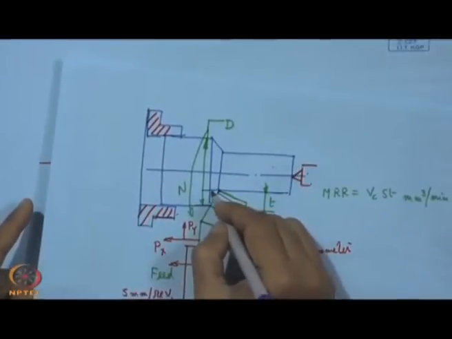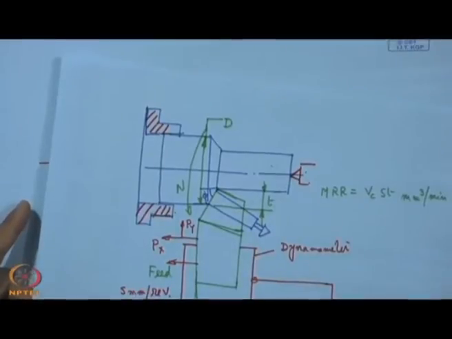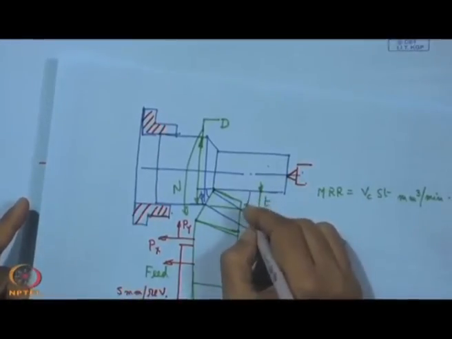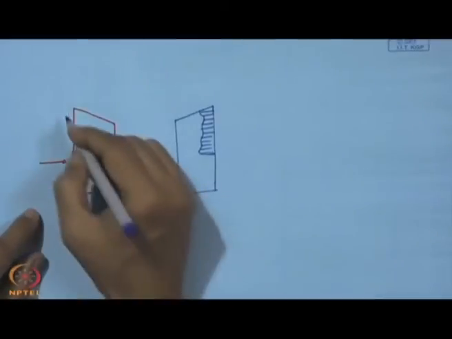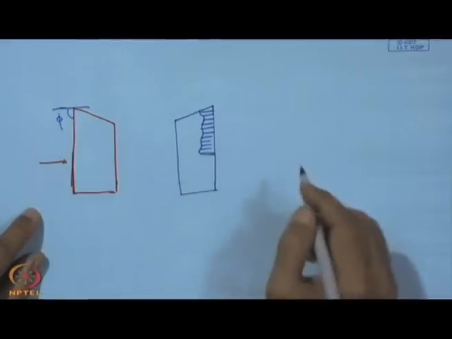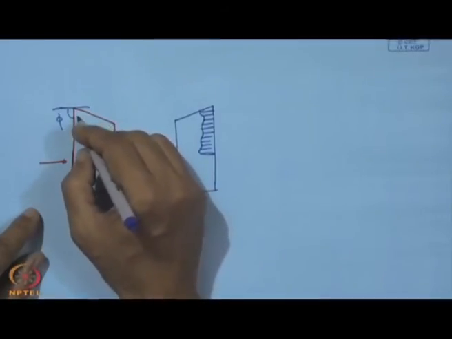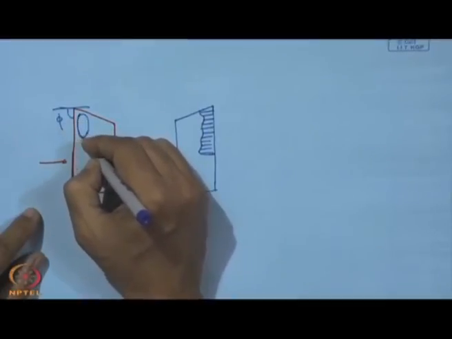This is the principal cutting edge angle, we have already described, and this is the auxiliary cutting edge angle. Here the principal cutting edge angle we have considered as 90 degrees, whatever may be the case. Now, as the chip is moving, we can also have a crater-like thing over this surface.